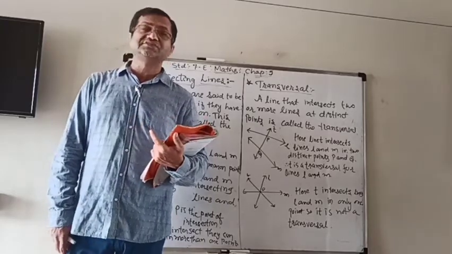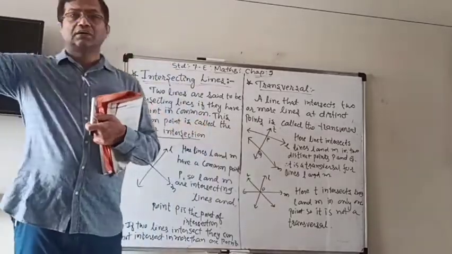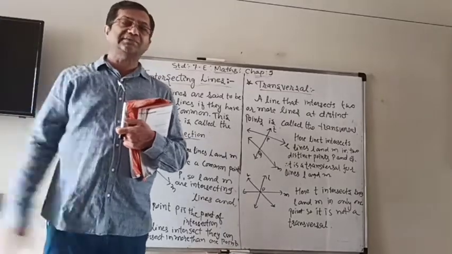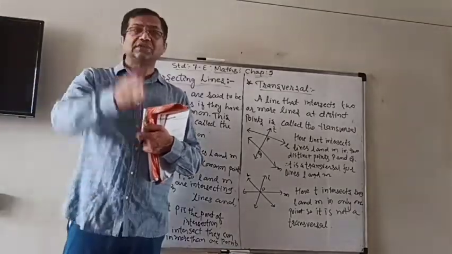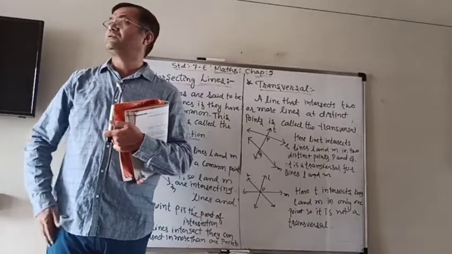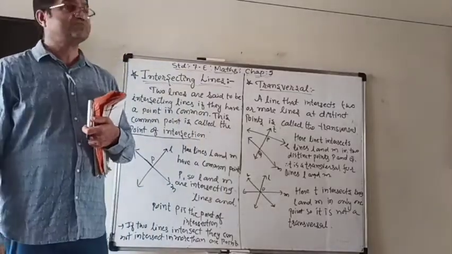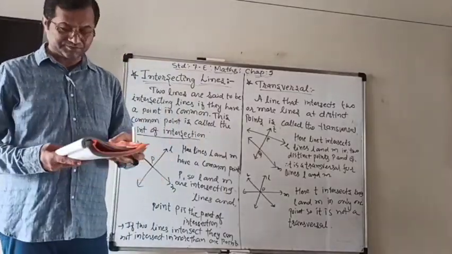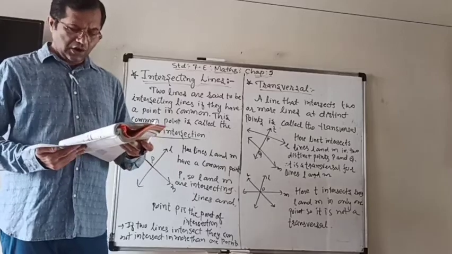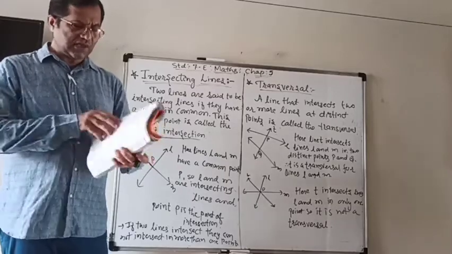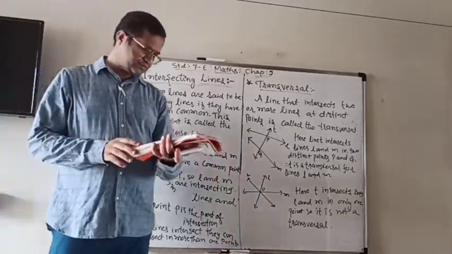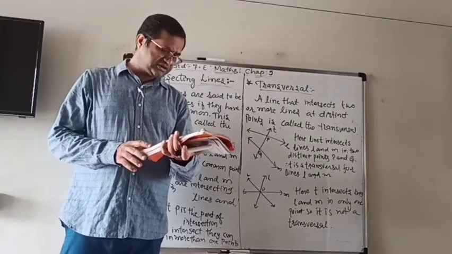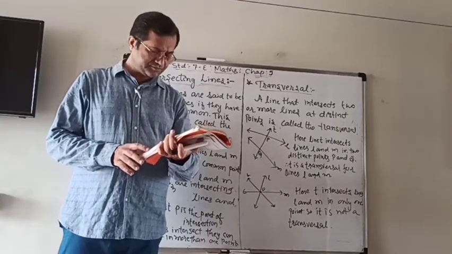In the window grills, if the bars are there, you will also see intersecting lines. So in so many examples you can find intersecting lines.